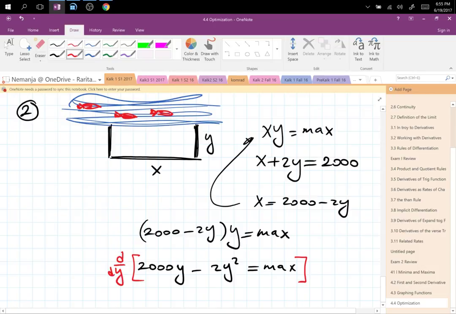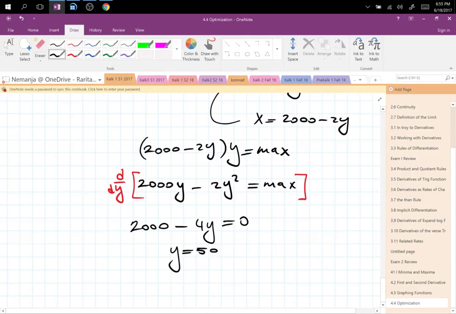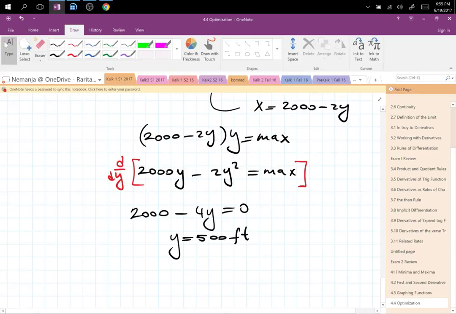Now observe that I'm taking the derivative with respect to y, whatever the variable is there. So that's 2,000 minus 4y equals 0. So y is 500. But x is 1,000. So it's no longer a square.